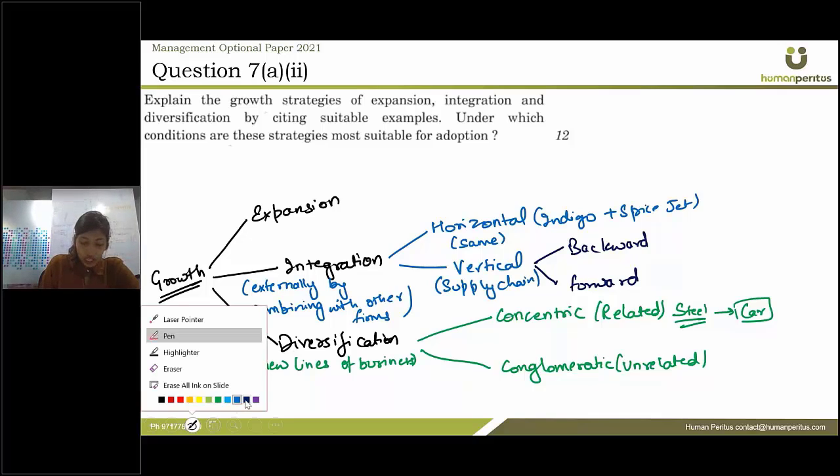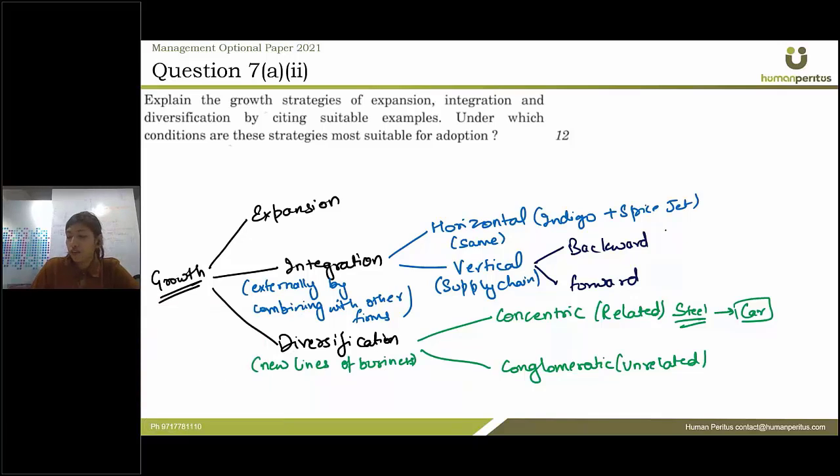Backward is, let's say there was a tire manufacturer, but it went to the rubber manufacturer. So it acquired its rubber manufacturer, and it was a tire manufacturing firm, but it integrated backwardly. That means they acquired the main raw material manufacturer.